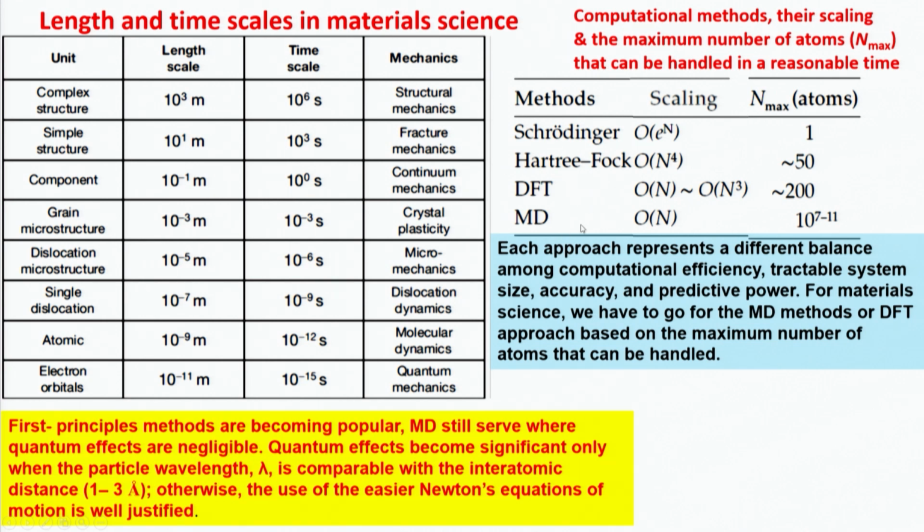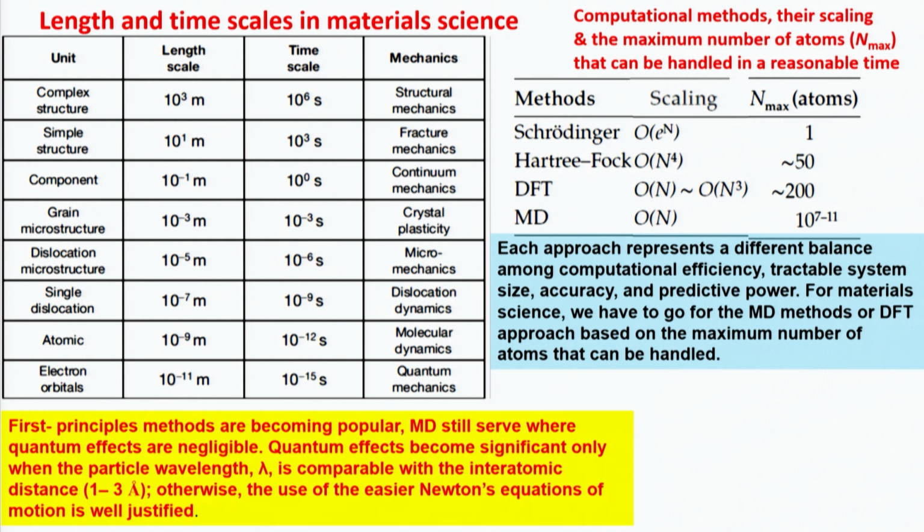Molecular dynamics is essentially a linear scaling with respect to the number of atoms we deal with. So essentially each approach represents a different balance among computational efficiency, tractable system size, accuracy and predictive power. As you go to the DFT method or Hartree-Fock method, these are more precise compared to, let's say, molecular dynamics.